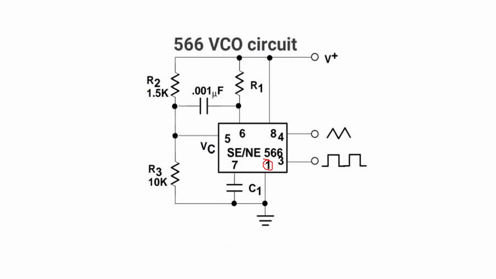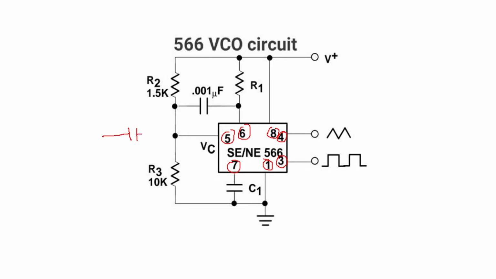So here you can see a circuit of a voltage controlled oscillator using IC566. It is an 8-pin IC, and here you can see pin number 1, pin number 7, pin number 5, pin number 6, pin number 8, pin number 4, and pin number 3. Now here the input control voltage is given from here.